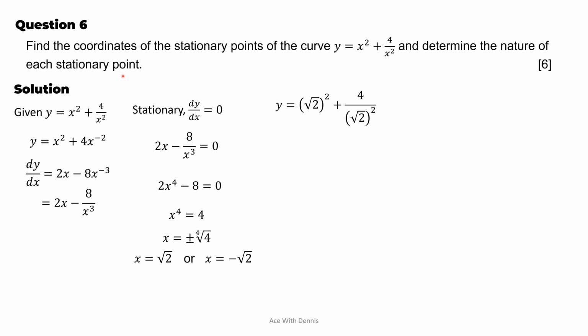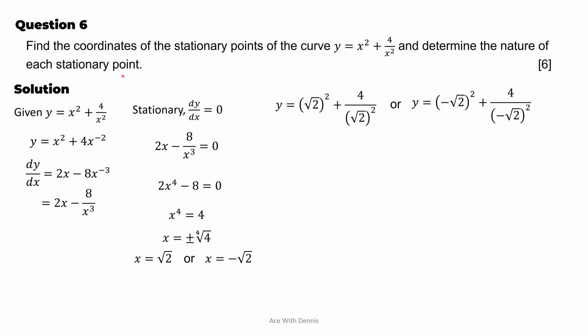So we can substitute the x value into the original equation to find the y coordinate of the point. So y equals root 2 squared plus 4 over root 2 squared, or y equals negative root 2 squared plus 4 over negative root 2 squared.